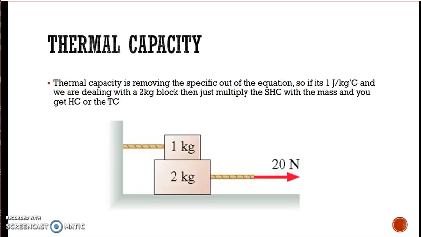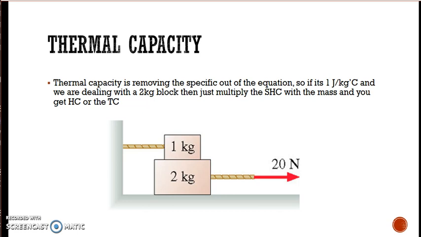Alright. Thermal capacity. Thermal capacity is removing the specific out of the equation, so that it is 1 joule per kilogram per degree, and we are dealing with 2 kg blocks, so we just multiply the specific heat capacity with the mass, and so you get the HC, or the heat capacity, or the thermal capacity.